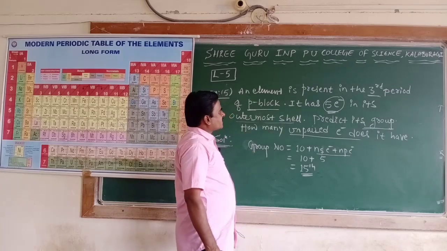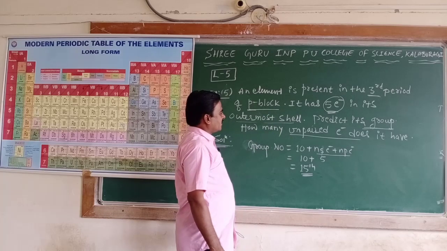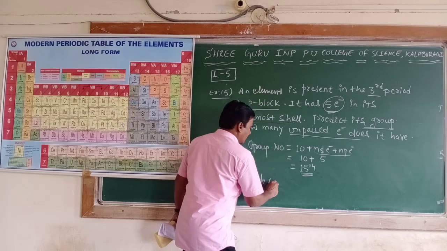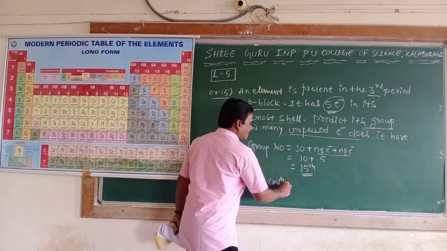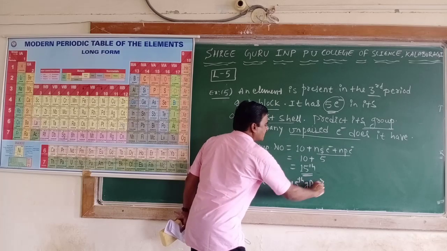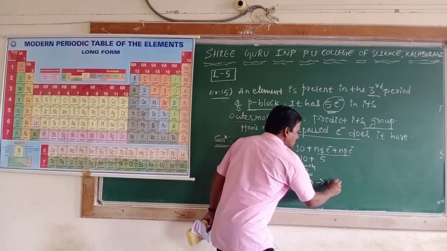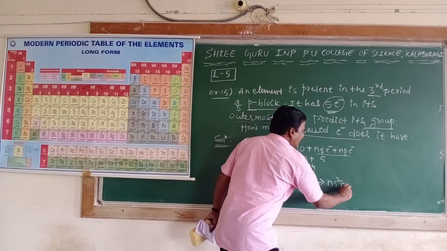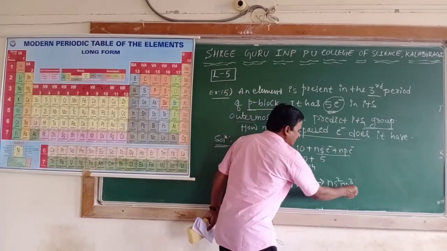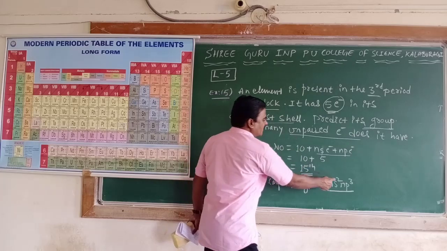And what is the outer electronic configuration of the 15th group? The outer electronic configuration of the 15th group is ns2 np3. There are 5 electrons.